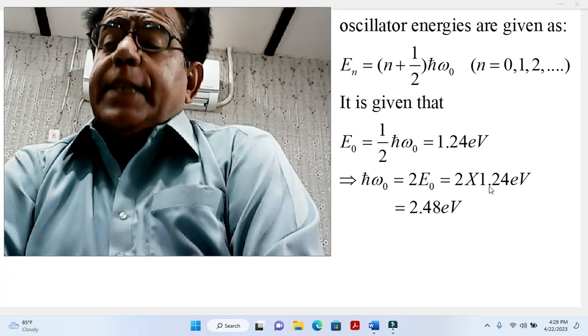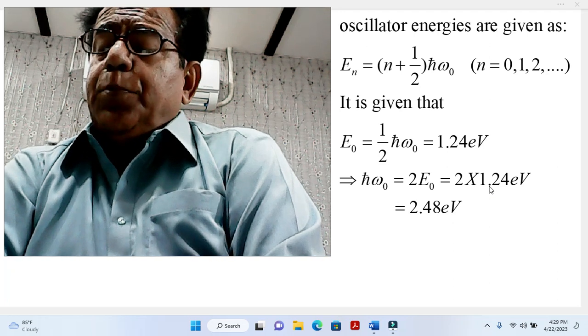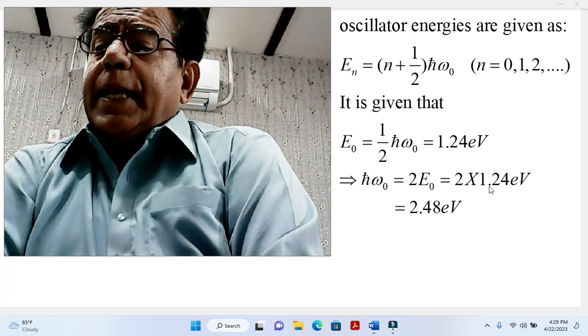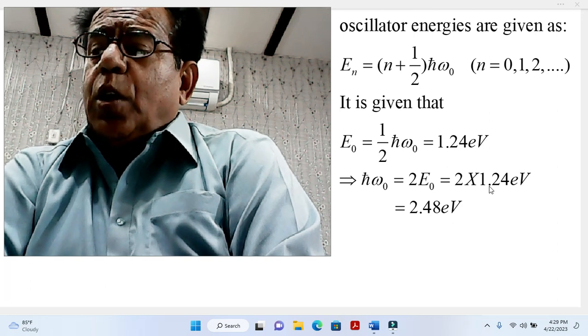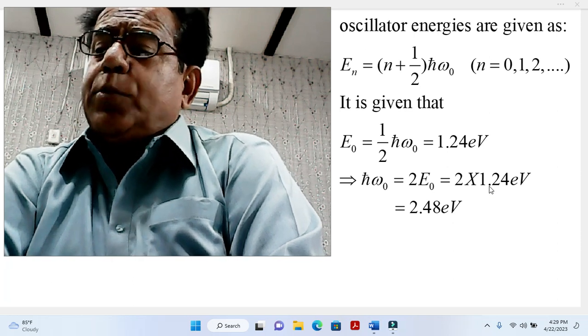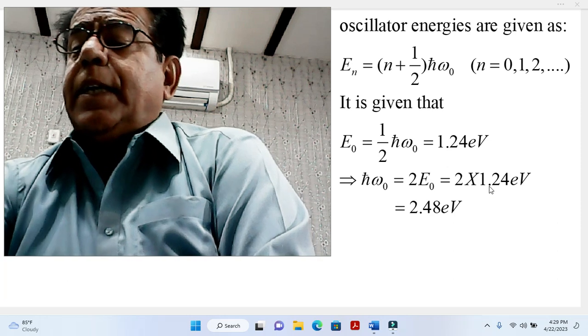It is given that E naught is equal to 1.24 electron volt, hence h cut omega naught becomes equal to double of E naught, that is 2.48 electron volt.